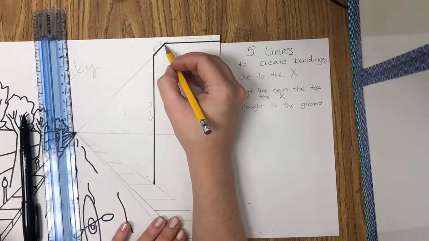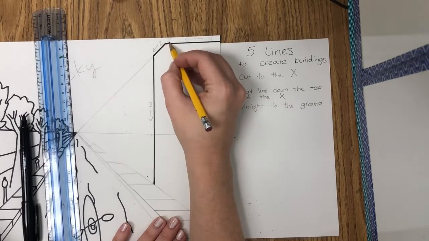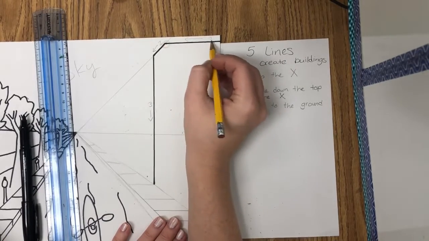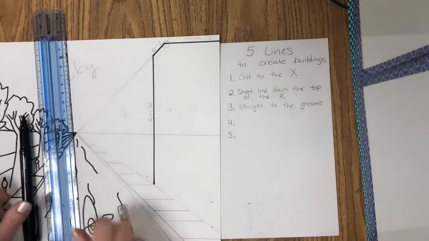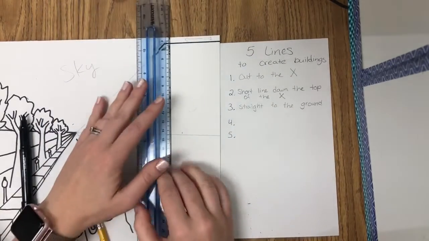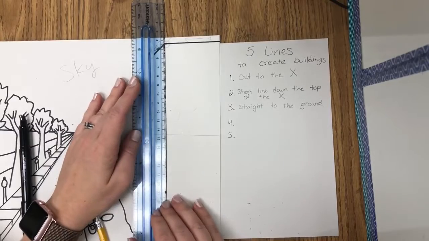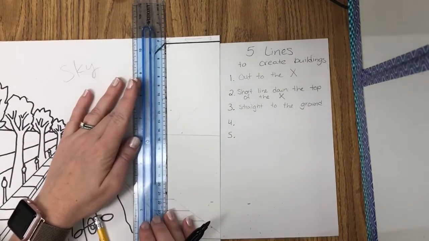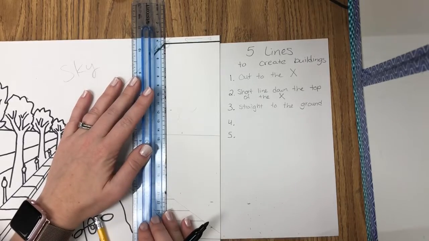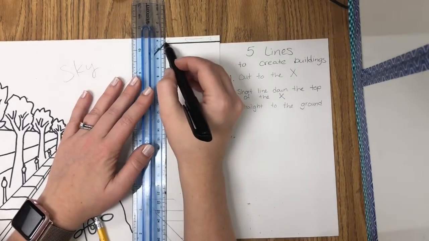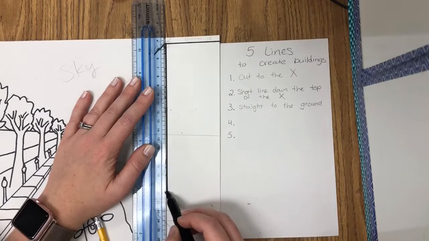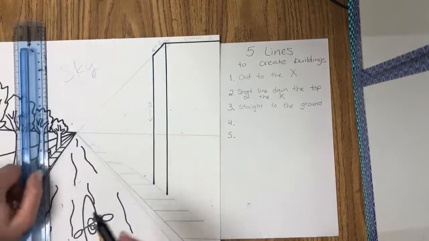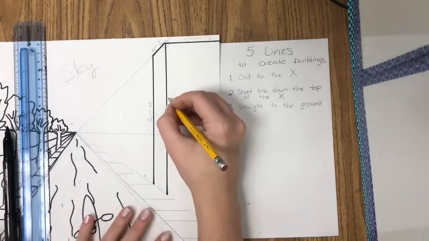So now I'm ready for line number 4. I'm going to find this point between lines number 1 and 2. That's the corner, that's the top of my roof on my building. And I'm going to make another vertical line that goes straight down to the ground. I will again line up my ruler and make sure that it is parallel to the other line that I just drew. And I will go down and stop when I get to my sidewalk area.